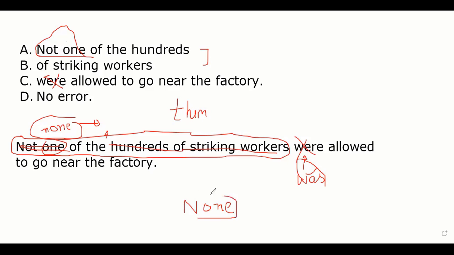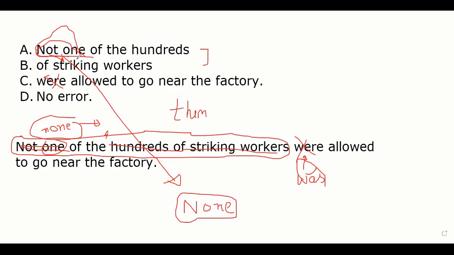By default, none can be singular or plural depending on the context of use. If the original sentence was none of the 100 of striking workers, then yes, you can say were. But no, we are changing not one to none, which means you are changing singular to singular only, right? Okay. We are modifying the sentence.